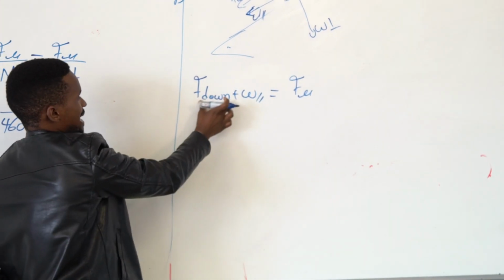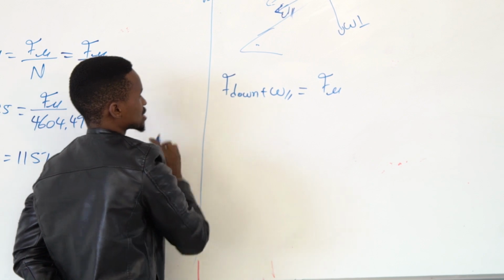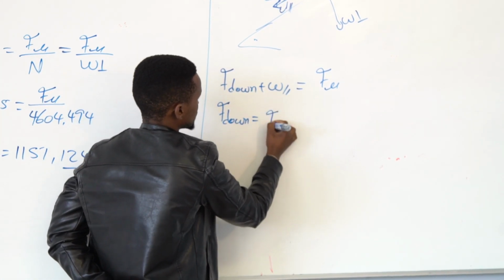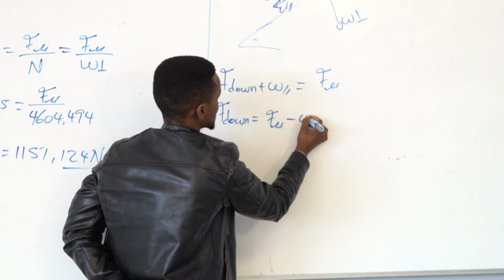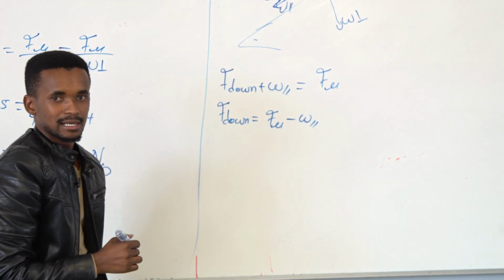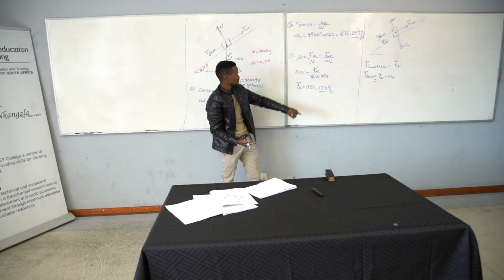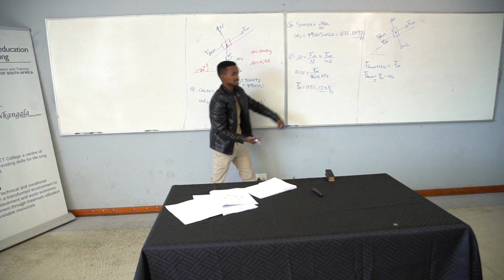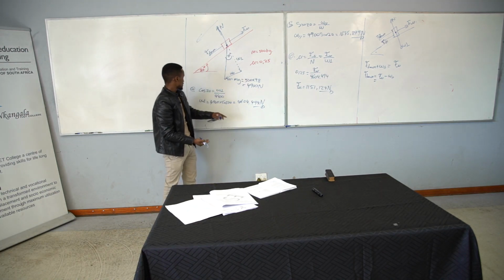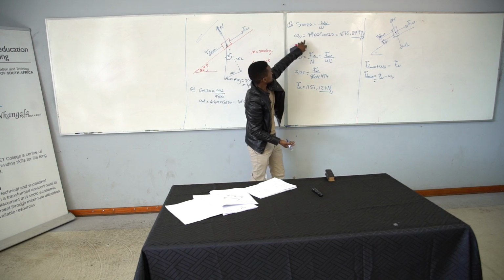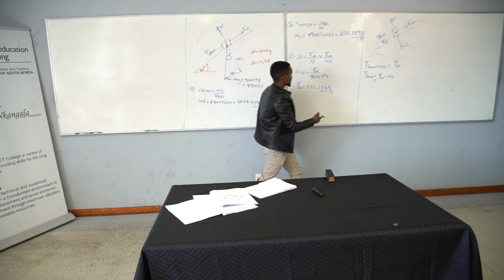And then now, we're going to make this one the subject of the formula. The F down will be the frictional force minus the weight parallel, right? Our frictional force, we've calculated previously. This is the answer for our frictional force, and we also solved for the weight parallel.